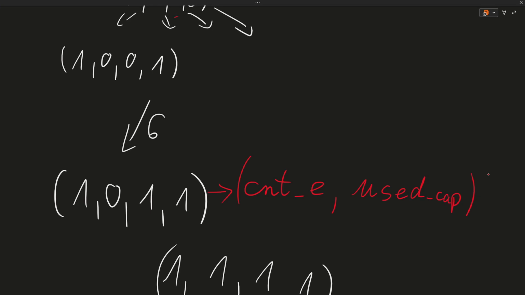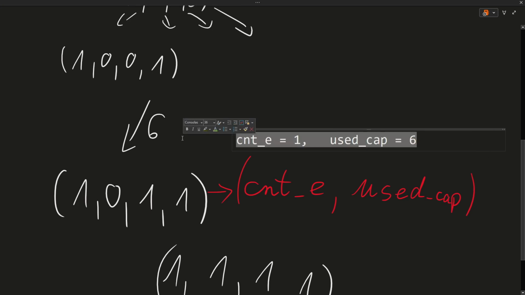I can actually find the shortest path from the beginning to the end, assuming that the distance to every state isn't just the sum of values so far, but the actual current state of the game, where the game is that we fit people into elevators. And if you have, let's say, count elevators used equal to 1, and used capacity of the last elevator, let's say it's 6, this is a value that you want to minimize.